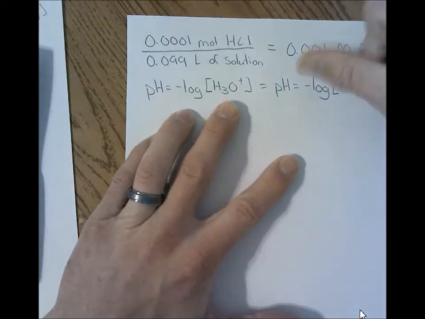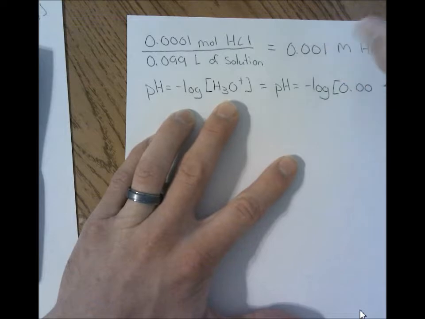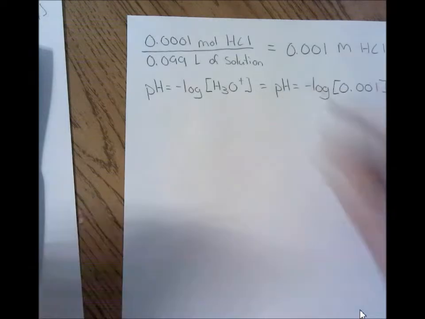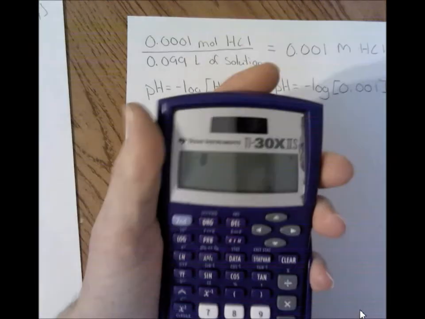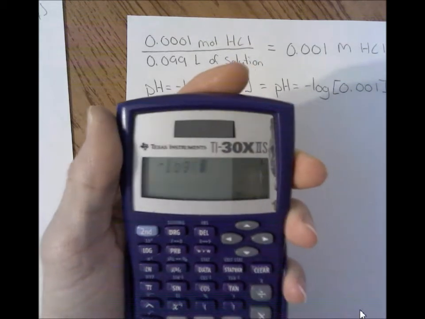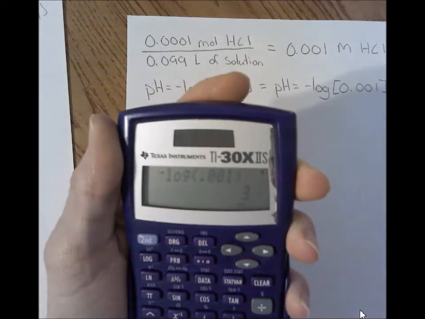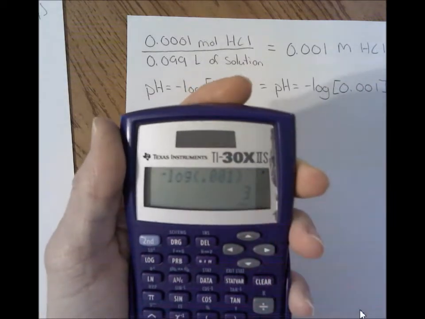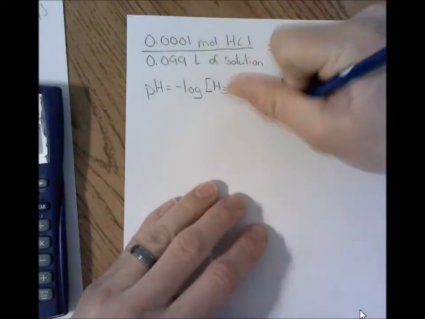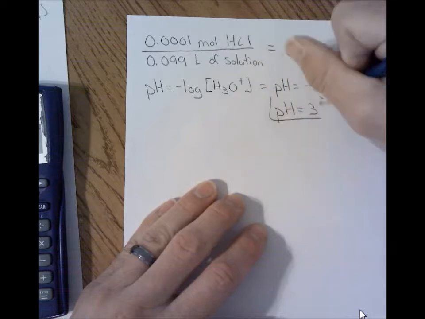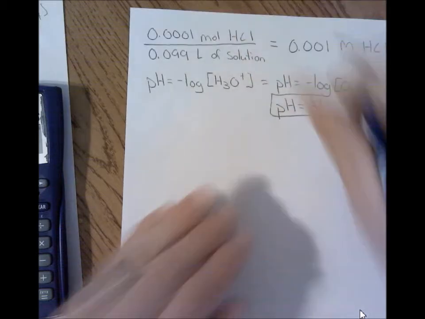So it's 0.001 moles here. So when we calculate this out for this first problem, all we're going to do is take the negative log of 0.001, and we press enter, and we get a pH of 3. Now, a pH of 3 is still acidic. However, it is a little bit higher than that initial pH of 1.